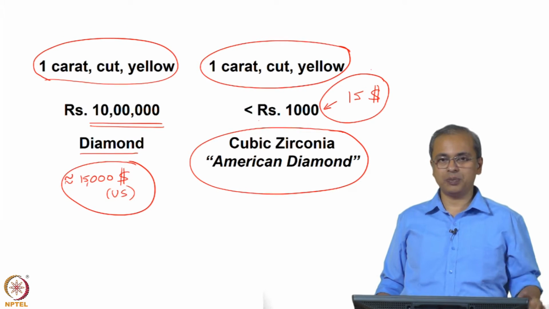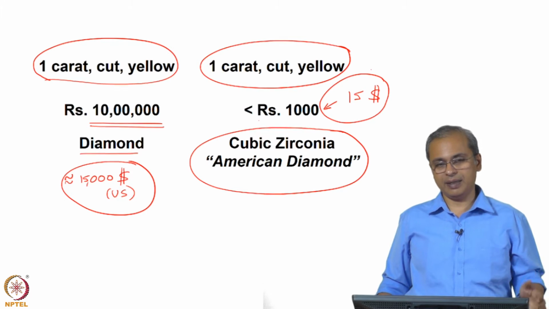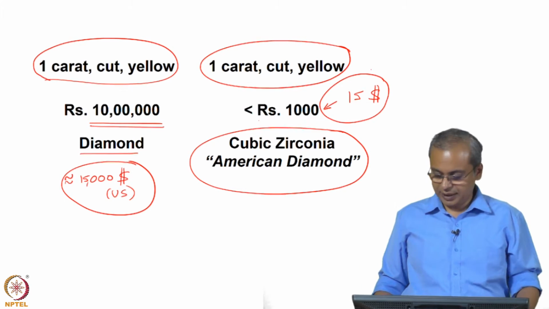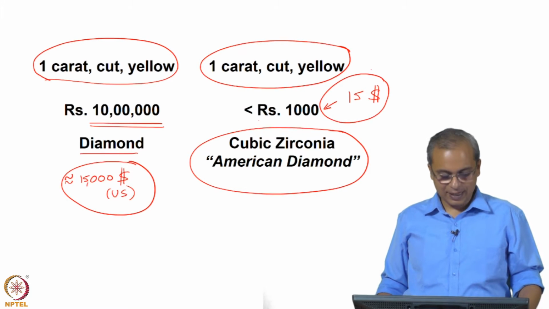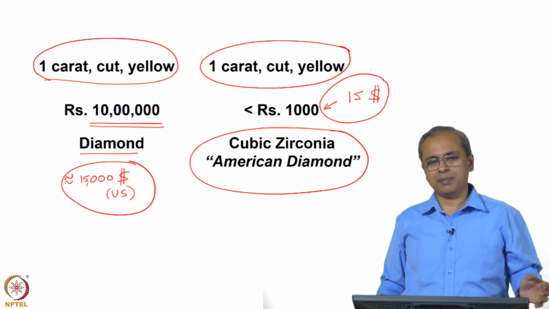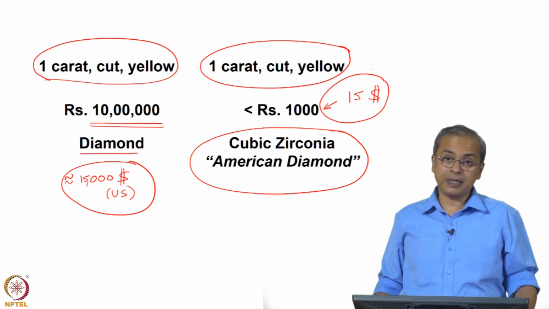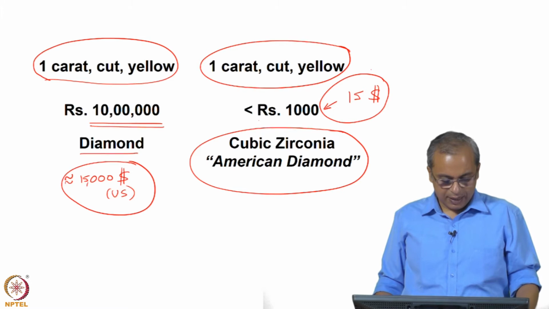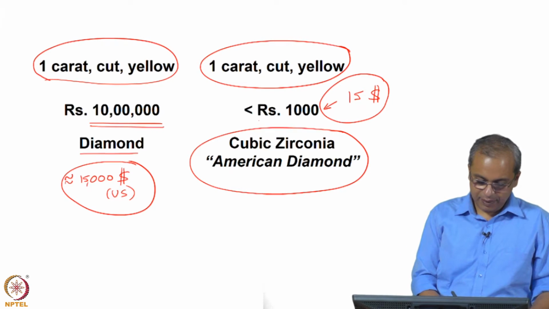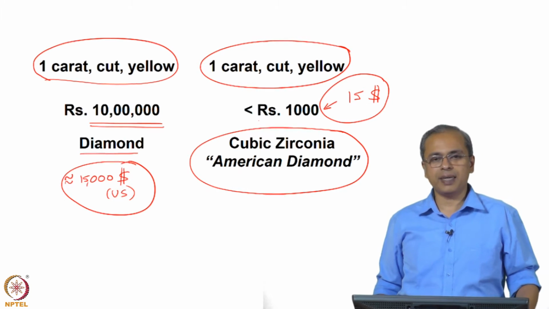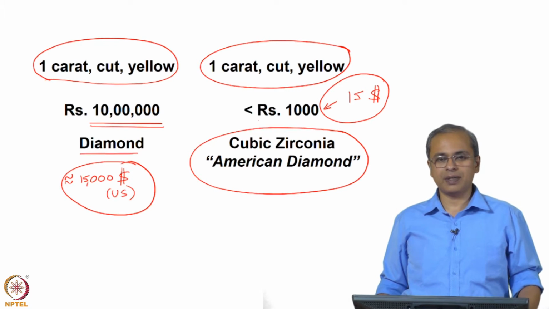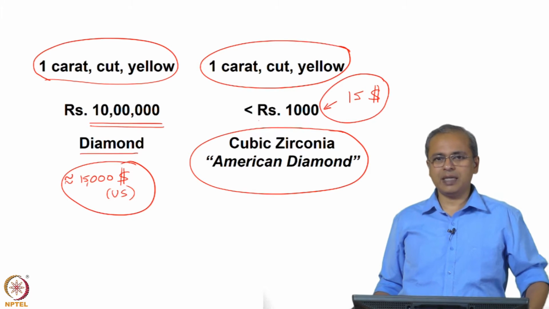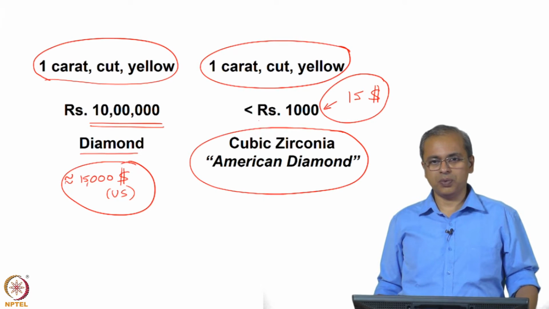It looked much more glittery to me to view, but that apparently is not the market value for it, and the market value is based on some other arbitrary aspects such as availability and so on. Incidentally, many of these things are interestingly priced because I think if the availability is rare, people assume that it has value, and that is a very strange way of associating value with it.